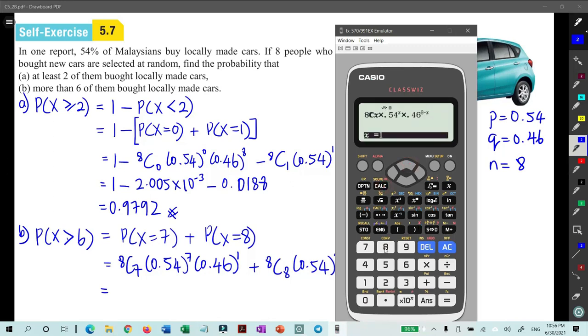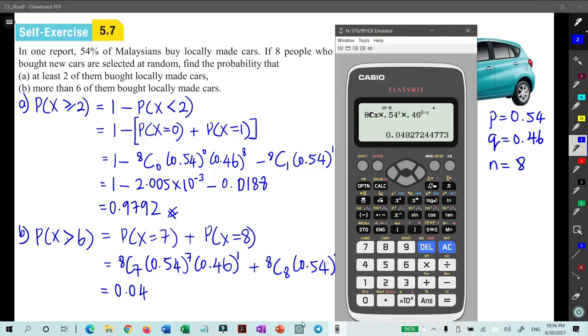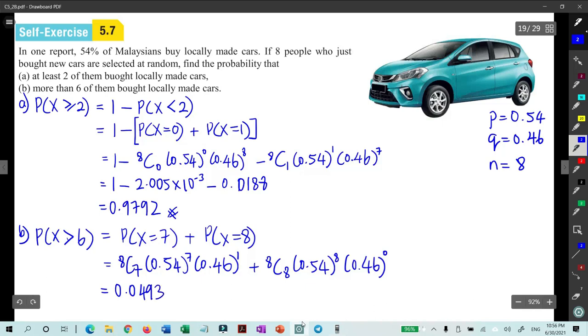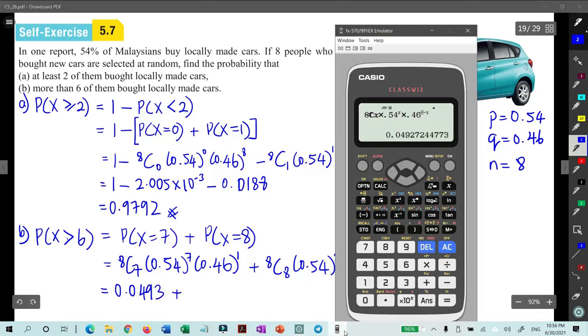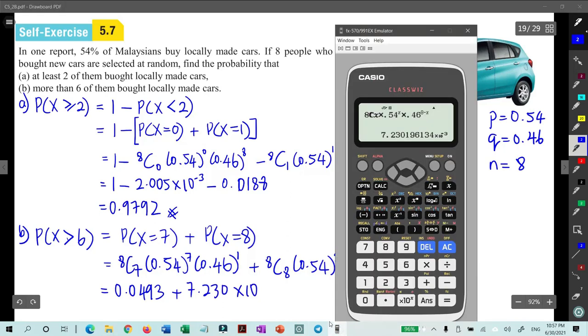The value when x is equal to 7 is 0.0493, plus 7.230 times 10 to the power of negative 3.